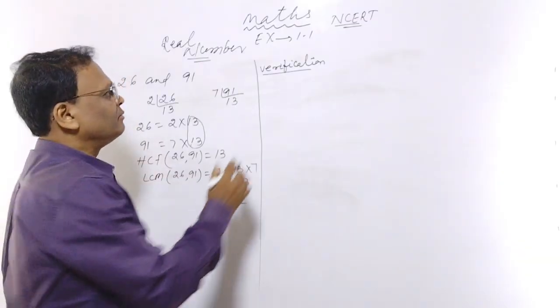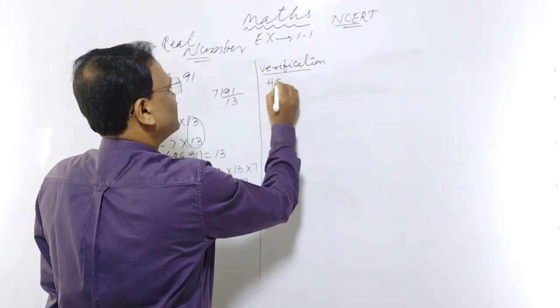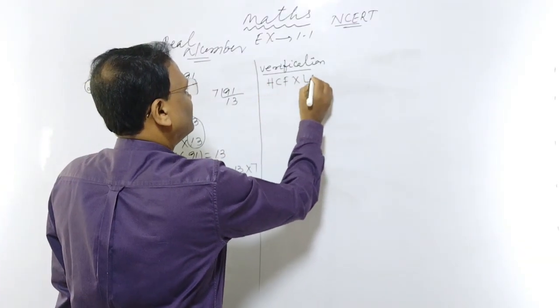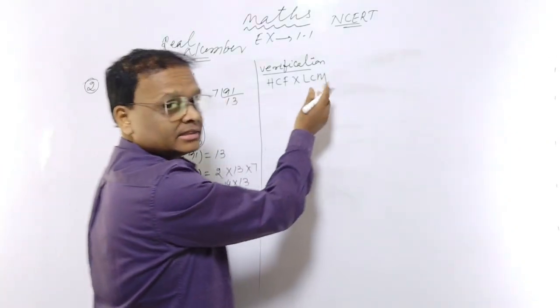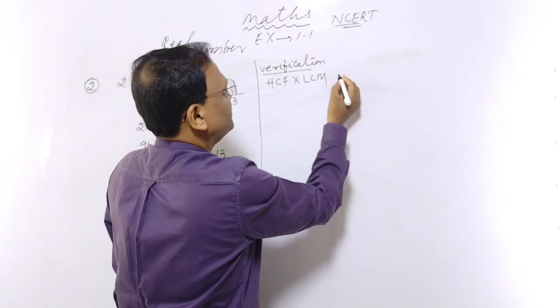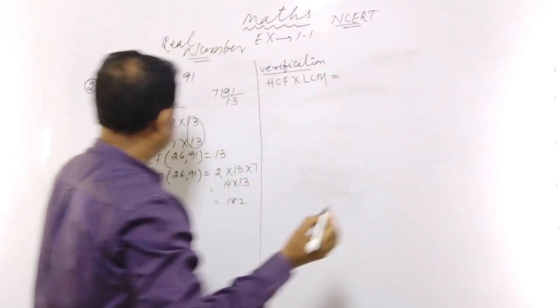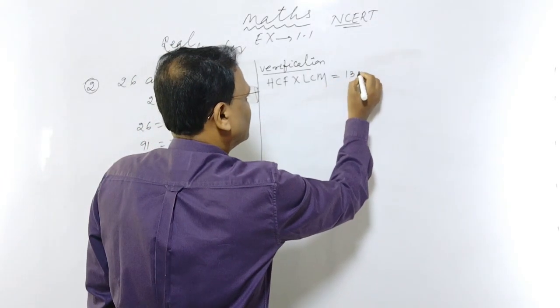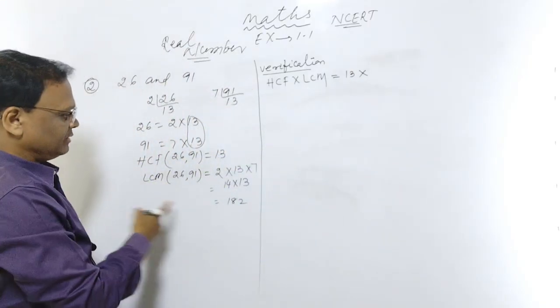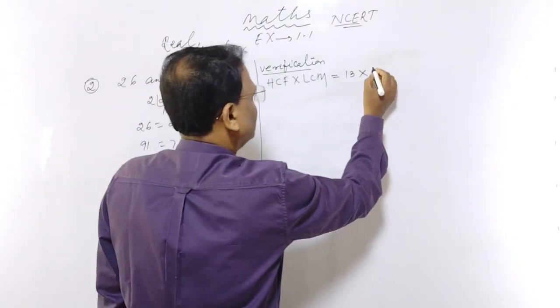Let me first multiply HCF into LCM. My HCF is 13 and my LCM is 182.